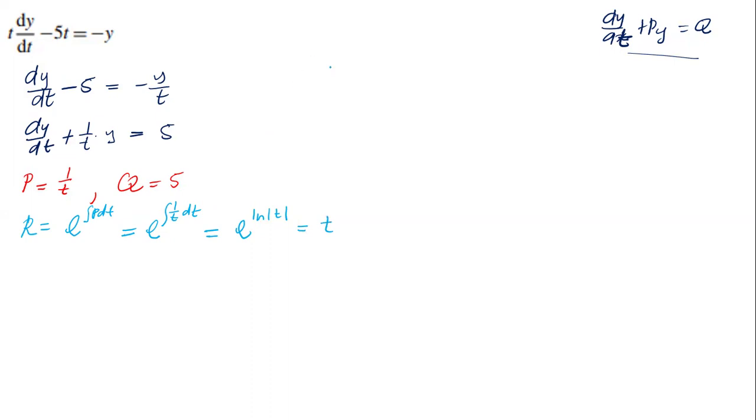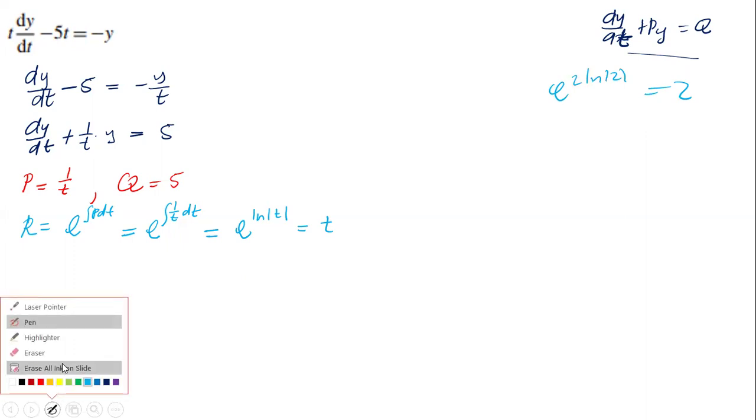Remember that e to the power of ln x is x, okay? You can prove it with your calculator. You can just say e to the power of ln 2, your answer is going to be 2. It's a basic of mathematics. Make sure that you know that. You can take 2, you can take 5, any number, you're going to get the same answer, okay?